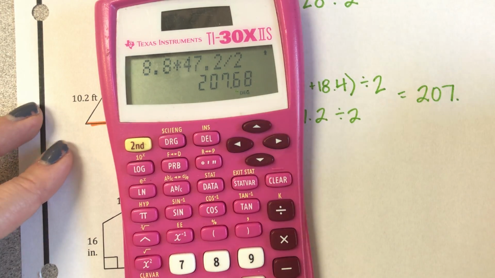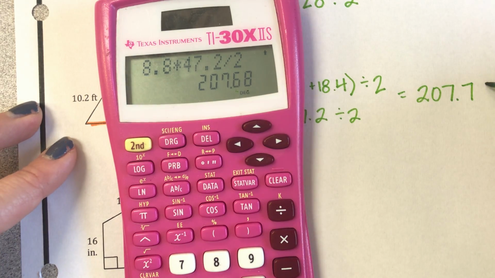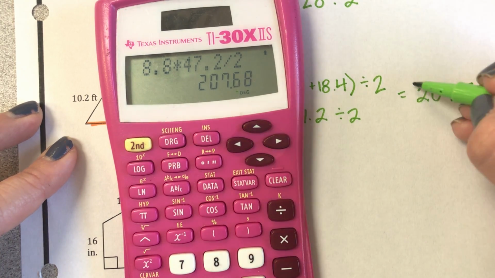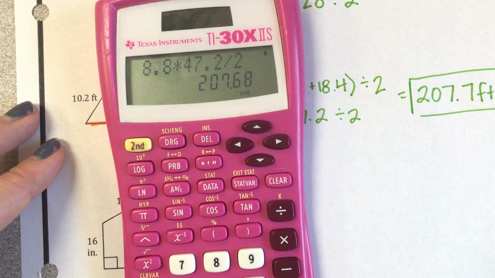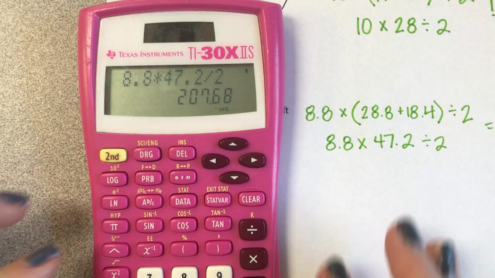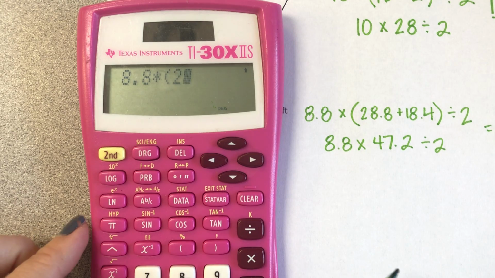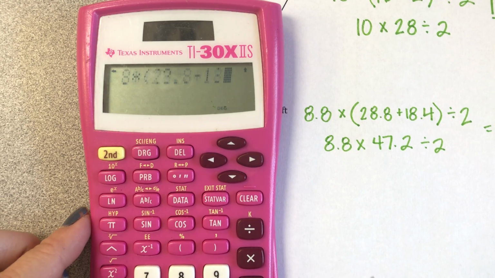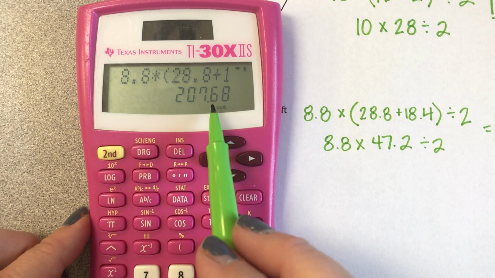Is 8 5 or more? Yes, so it can raise that score. So 207.7 feet squared. And I'll show you typing it in one step, just in case you want to see it. So 8.8 times the two bases are 28.8 plus 18.4. And then we're dividing it by 2. 207.7.